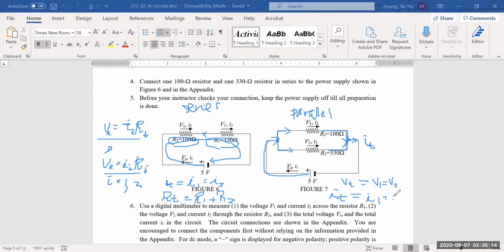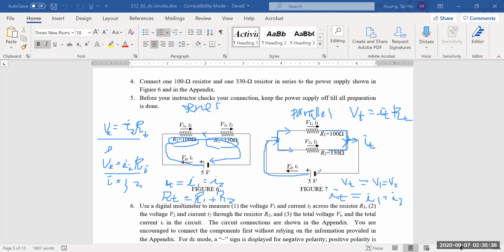So again, theoretically, how do we calculate the I total? You will still use V total, which is equal to I total times R total. You will still calculate your I total first.